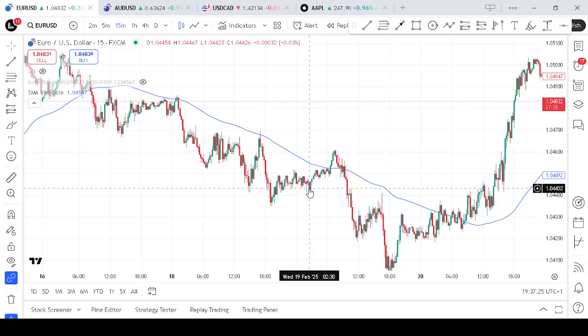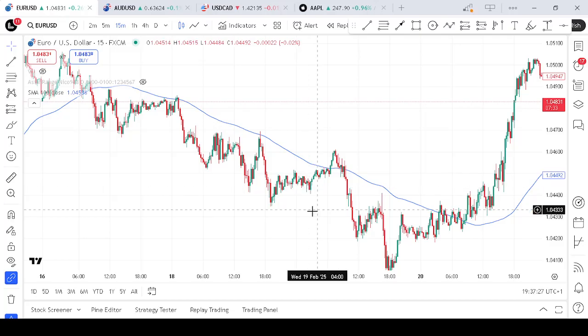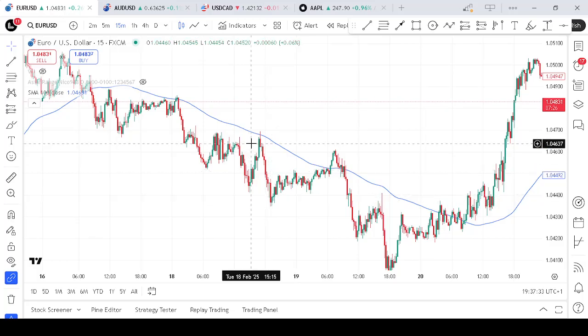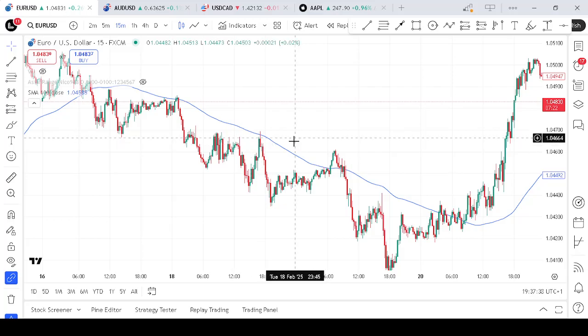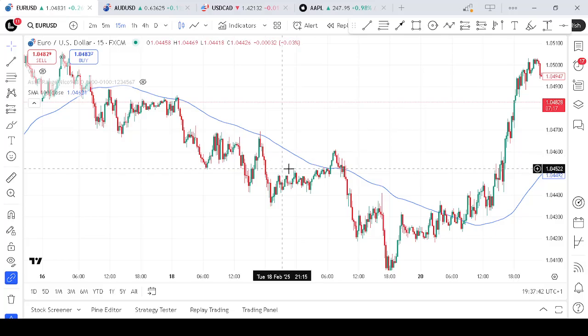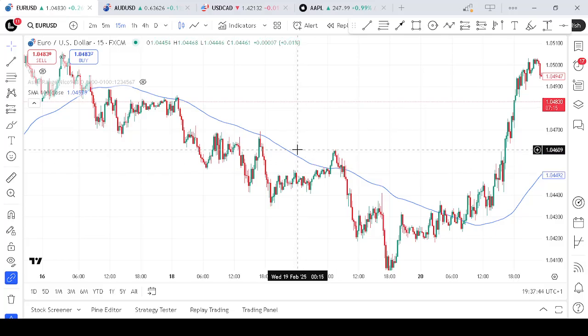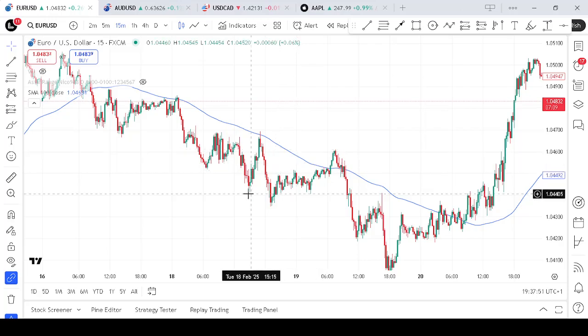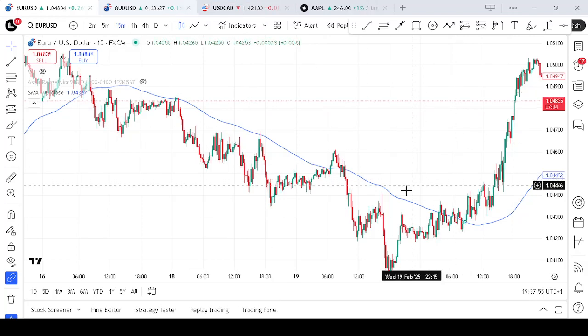You can use candlestick patterns like a bullish engulfing or hammer candles in an uptrend, or in a bearish trend you can look for the bearish engulfing, or a doji candle to confirm that price is ready to resume its trend. You can also make use of momentum indicators such as RSI or MACD.